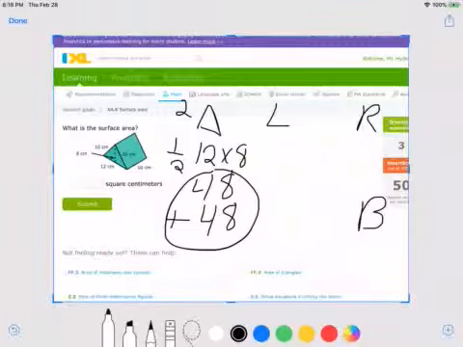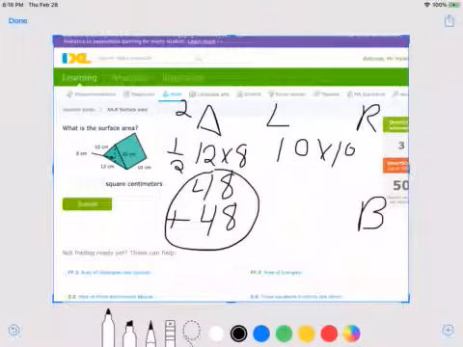My left side is just that weird little shape right here, the little square. That's just going to be 10 times 10, and that's going to be 100.